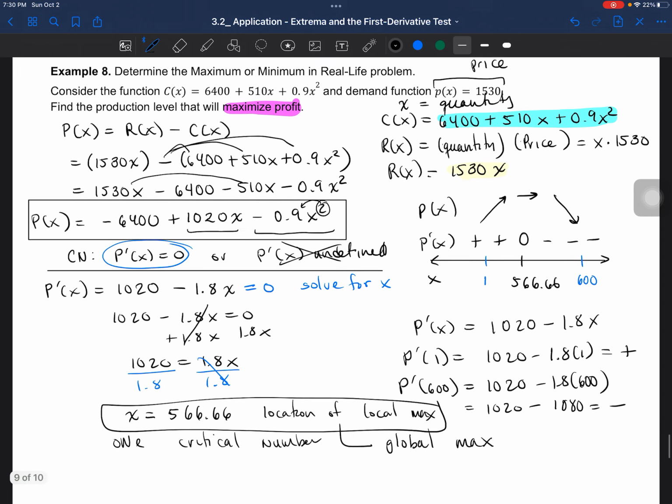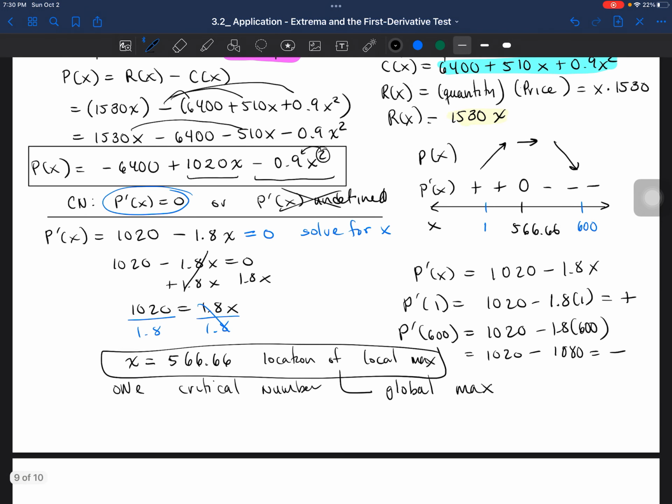That's going to tell us where we have a local max. And let's go back to the question. It says find the production level that will maximize the profit.